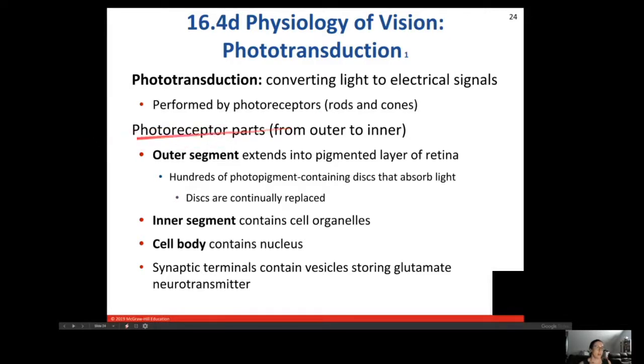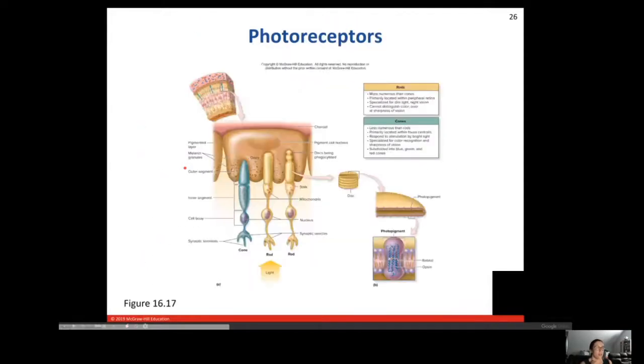If we look at the parts of a photoreceptor, they've got a couple of different parts. One of them is the outer segment, and here we can see this area is the outer segment. Then we've got the inner segment and the cell body, and these are the synaptic terminals. So remember this, I'm going to be flipping back and forth between this. This one is a cone because it's cone-shaped.